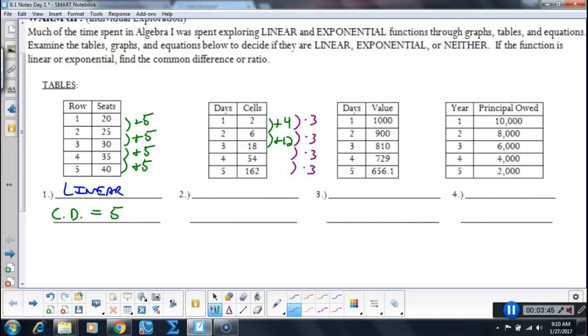So that would be exponential then. And my common ratio would be 3. What I'm multiplying by to get that next term. That's a ratio then.